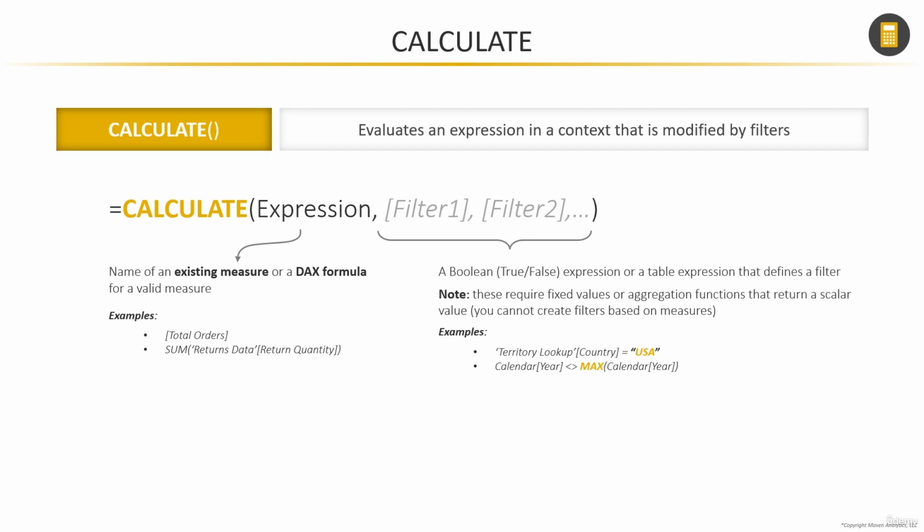And this can be separated by some sort of operator like equals or greater than, not equal to, less than, etc. All right, so we see some examples here where our country equals USA or our year is not equal to the max year in our calendar table. So both of these are valid cases as part of the calculate filter argument.